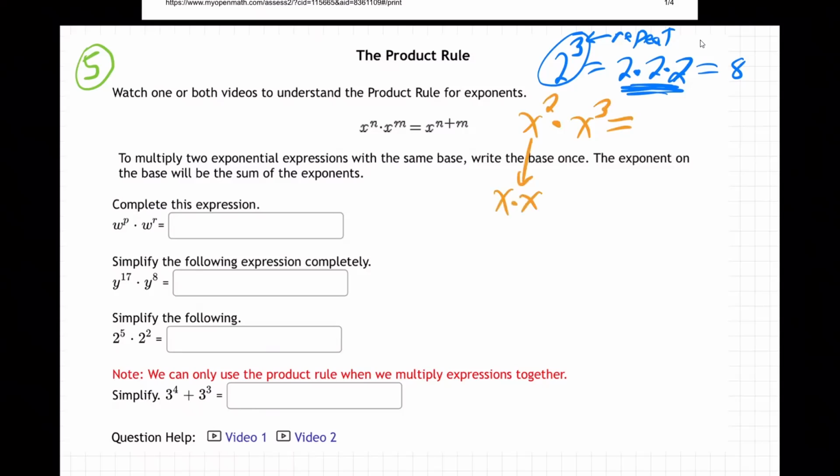It means x times x, right? We just agreed the little 2 means repeat twice. And x cubed means 3 of them, with a times dot in between. So what do you have all together? 2 x's and 3 x's multiplied together. That's x to the 5th, isn't it?